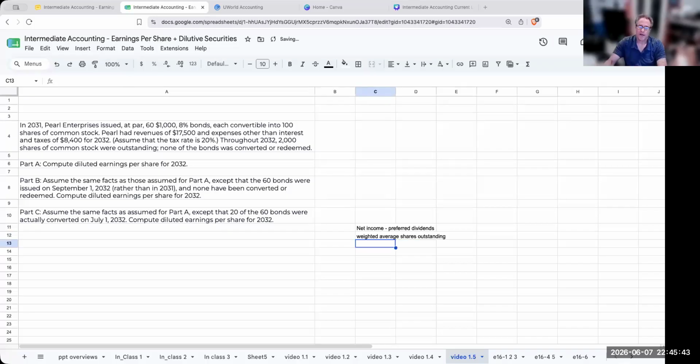Now, to compute my net income, I've got revenues of 17,500. I have expenses other than interest or taxes. That's really important. My expenses were 8,400. And the one thing it didn't tell me is interest.